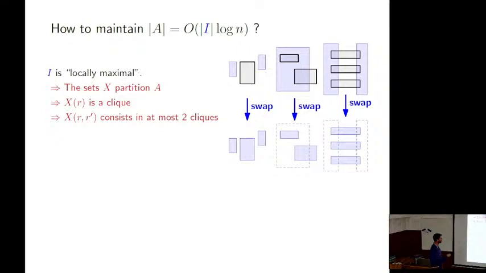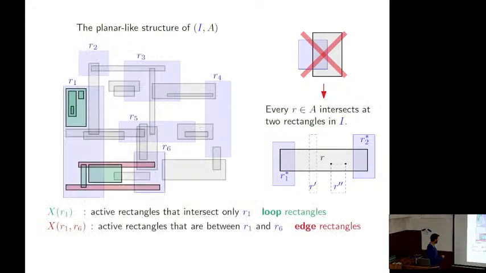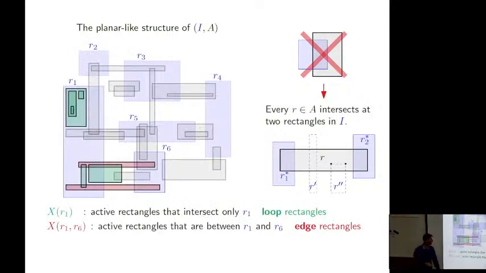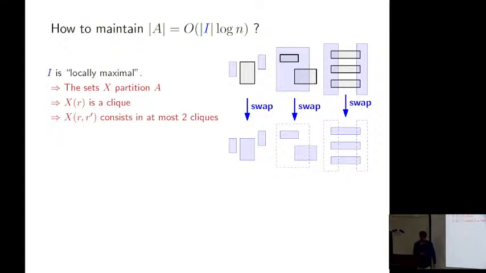Here we trash these two blue rectangles and we add the three in the middle to the independent set. This implies that when we have an edge between two rectangles, we can have only two rectangles. We cannot have three, otherwise we could make a swap. So in an edge, we have at most two cliques. This will be useful later.